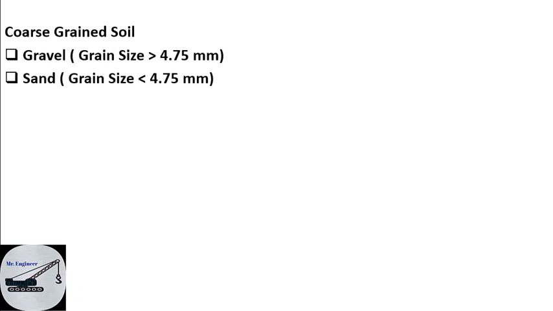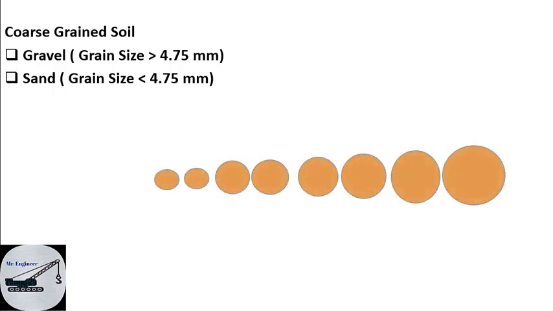In this way, coarse grained soil is divided into two categories. One is gravel with grain sizes greater than 4.75 mm and the other is sand with grain sizes less than 4.75 mm.